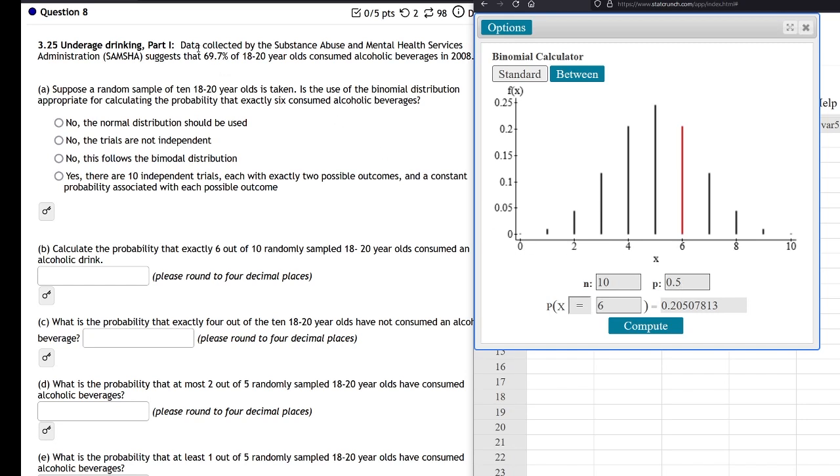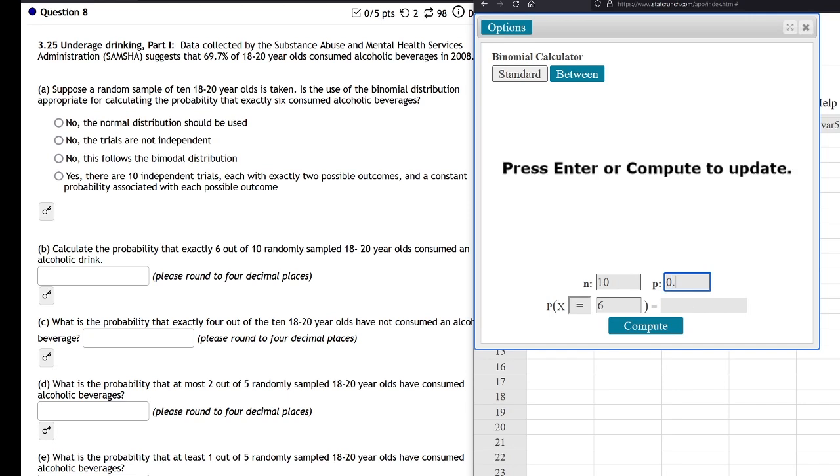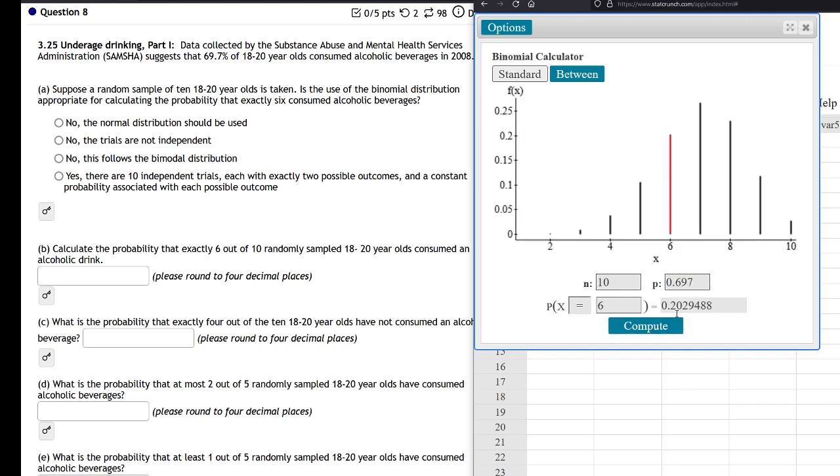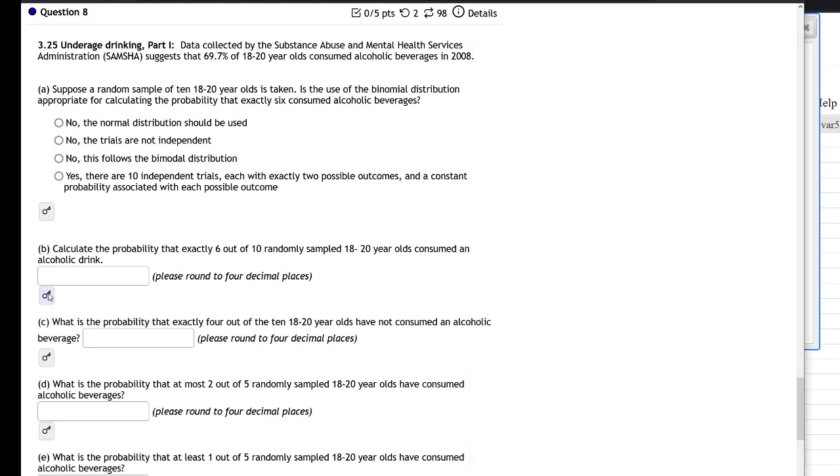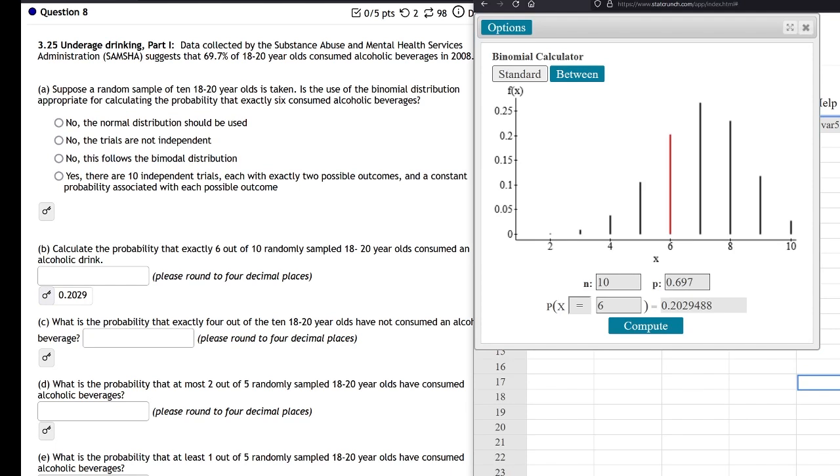And the probability we have to steal from up here, 69.7 as a probability is 0.697. And we hit compute. And we get 0.2029488. And if we go over here, that number looks familiar, right? 0.2029.